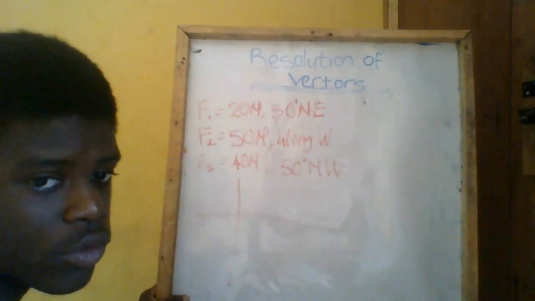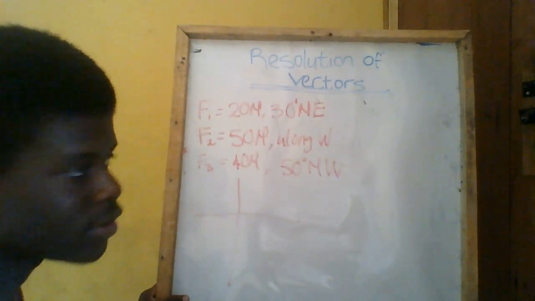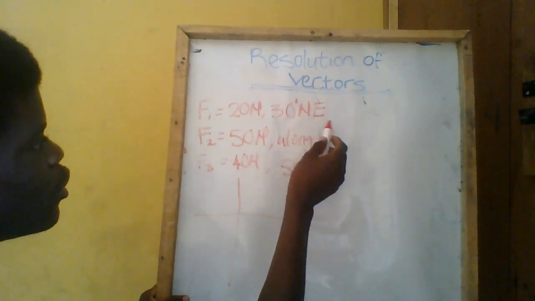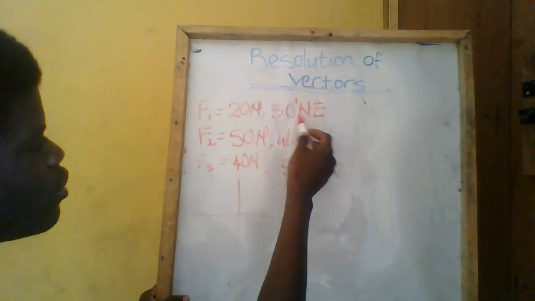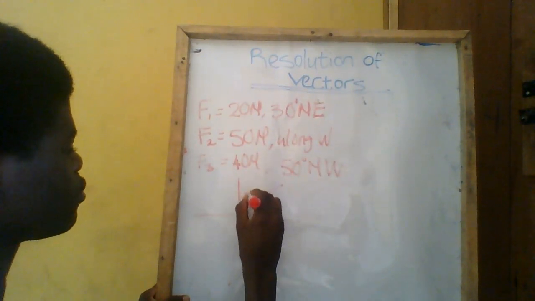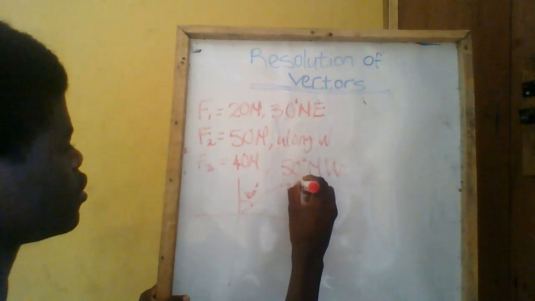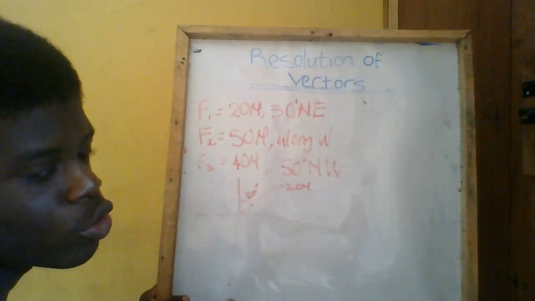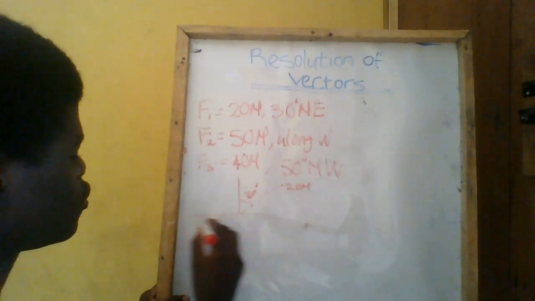So our F1 is what? 20 Newton, 30 degrees east of north. They can also put it like this, 30 degrees NE. So it's east of north, so the angle belongs to north. That's 30 degrees, 20 Newton. F2, 50 Newton along W. This is east, this is west.